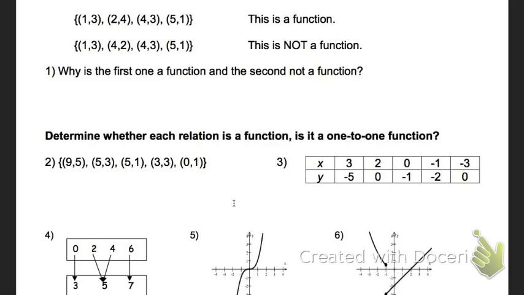If I'm just asking whether this is a function or not, I'm going to highlight all of my x's. If they are all unique and different, then yes, because 1, 2, 4, 5 are all different. For my second one, 1, 4, 4, 5, these two indicate that it's not a function because my x's repeat.